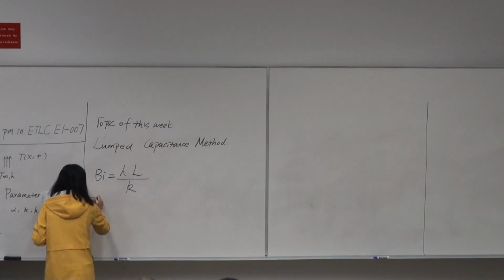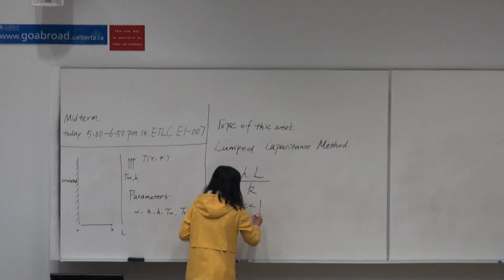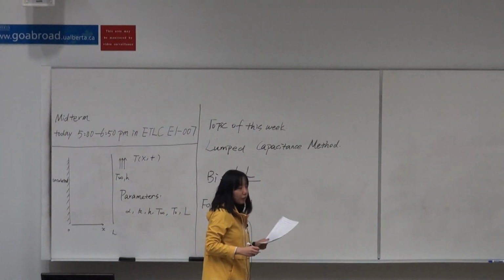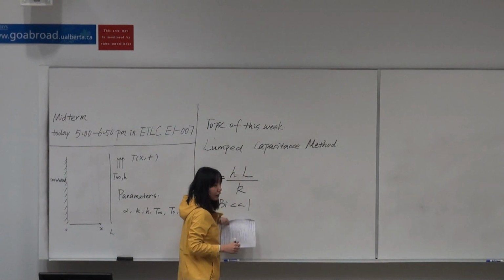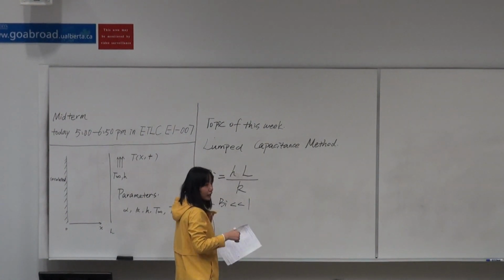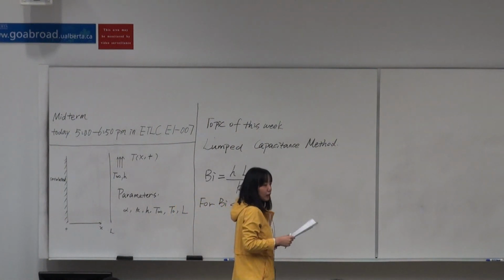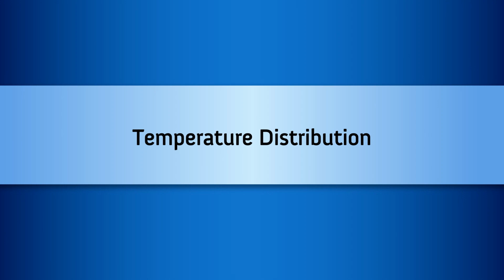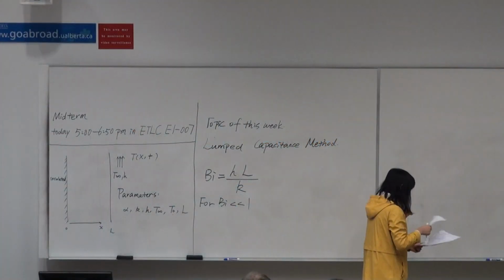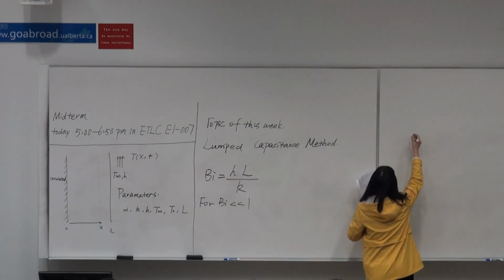When the Biot number is much smaller than 1, we can neglect the internal temperature gradient inside the volume and apply our lambda capacitance method with reasonable accuracy. Let's continue the copper sphere from Wednesday.